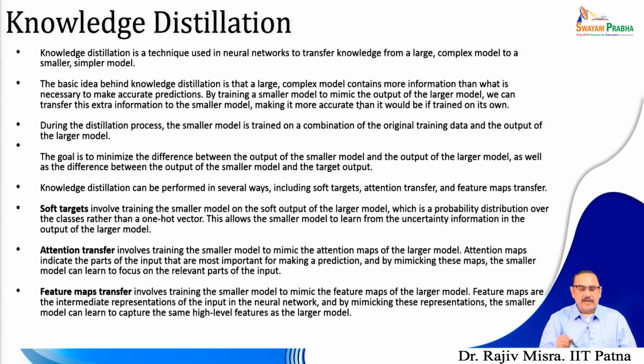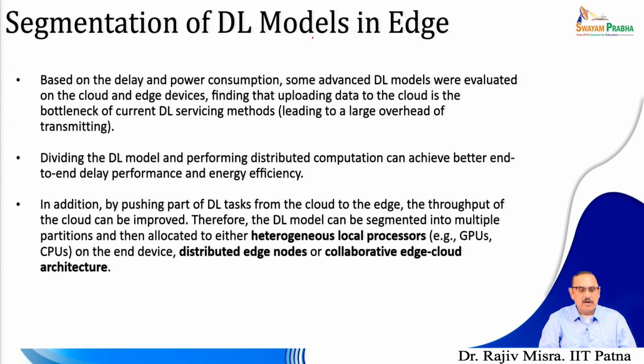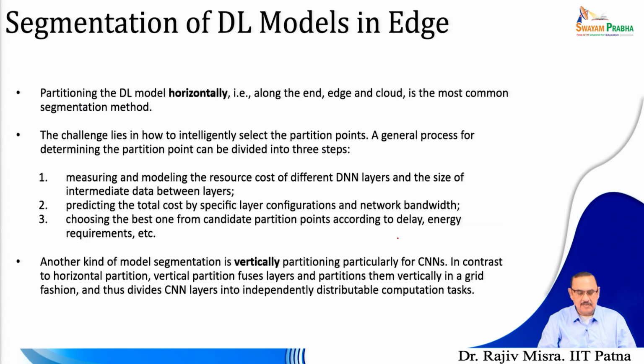Knowledge distillation is a technique used in neural networks to transfer the knowledge from a large complex model to a smaller, simpler model. Segmentation of deep learning models at the edge: based on the delay and power consumption, some advanced deep learning models were evaluated on the cloud and edge, finding that uploading data to the cloud is a bottleneck. Therefore, measures have been taken to improve the end to end performance and latency by involving segmentation.